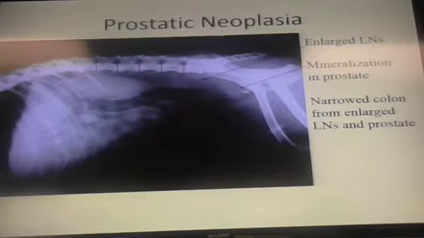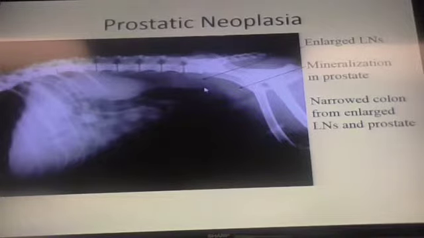Okay, this is just another example, and there's mineralization. Now, see this one, this here has kind of this amorphous, it looks just kind of spread out into the soft tissues. So that's soft tissue mineralization, not calculi. But look at the colon. Look how the colon tapers.